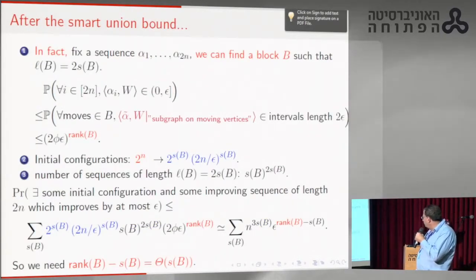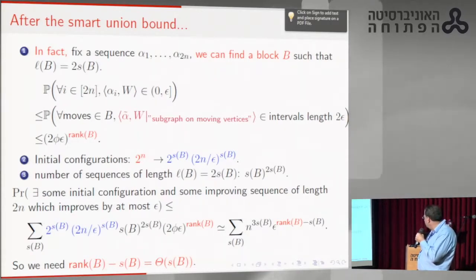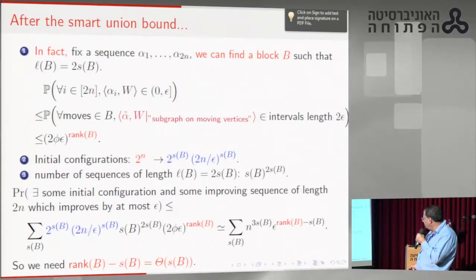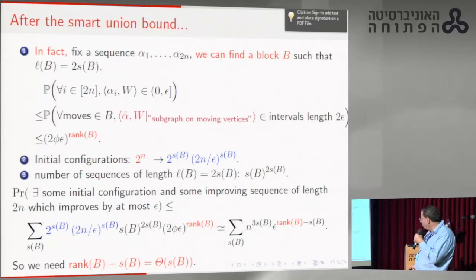Okay, so now when you write out what this gives, maybe what's the clearest way to see this? There is this size of the moving set, but just fix some size S of B, and then what factors do you get? We said you get 2 to the S of B times this. This is the new enumeration that we just discussed.